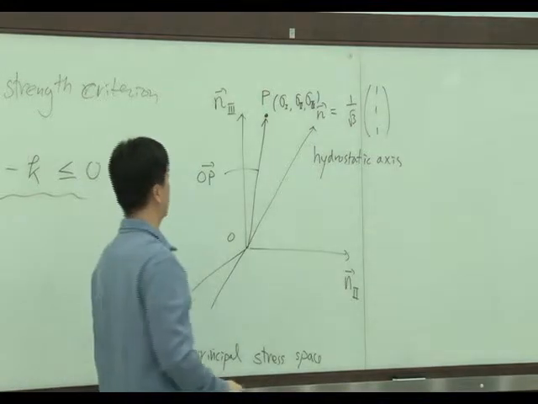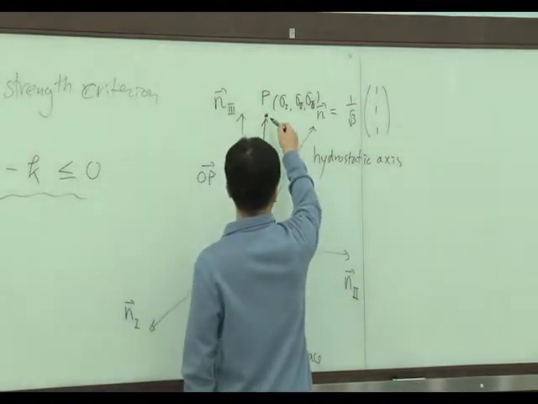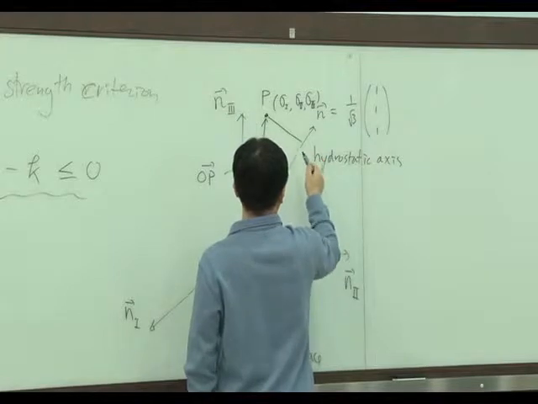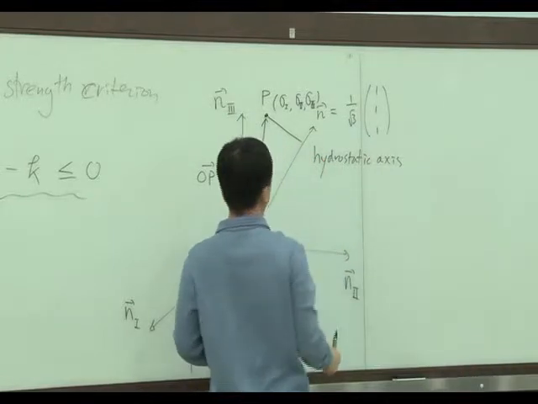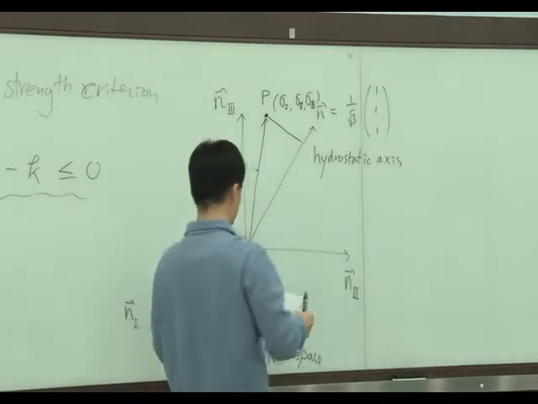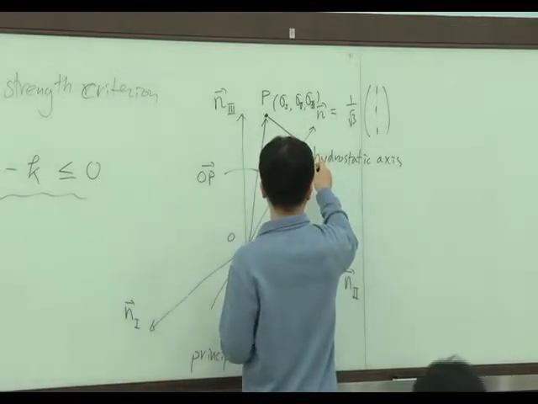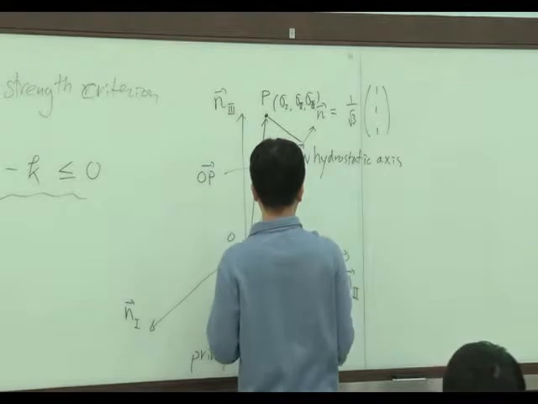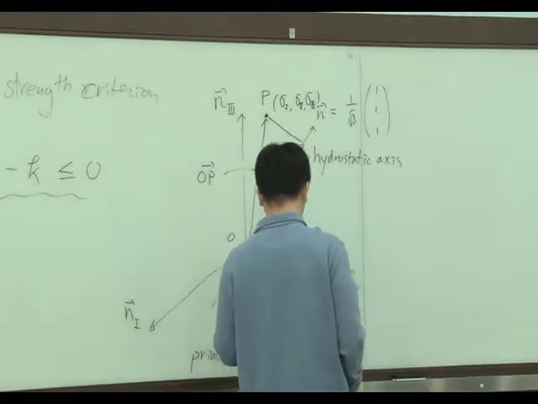And I'd like to project this onto the line N. Then we can decompose this OP vector into two parts, ON and NP.